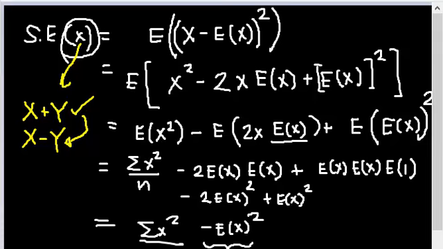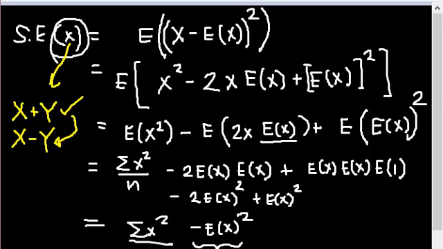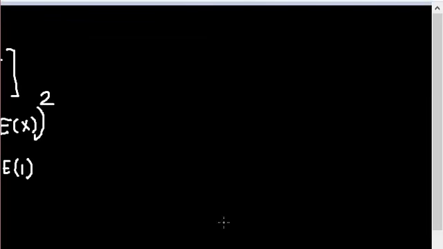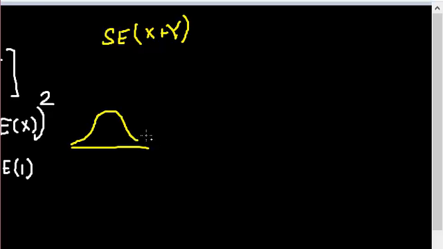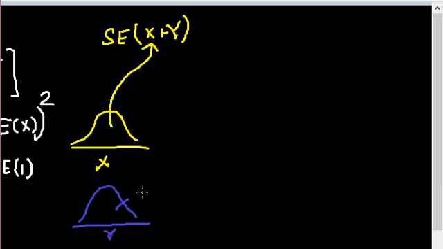Here we go. To start, let's go to the side of our Blackboard and discuss it. Now what we're going to do is get the standard error, the SE, of the statistic x plus y. What it means, as I said before, is we have a statistic x, which is this guy, and then we have another statistic y, which goes into that.